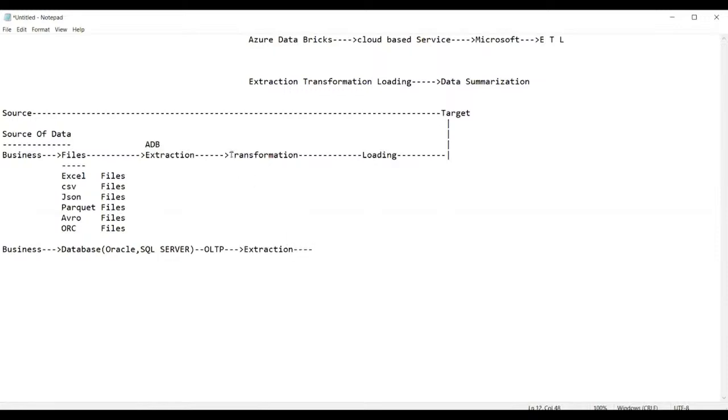And once the data is extracted, we perform the transformation on the data. Transformation is the actual process of data summarization or shaping the data as per the requirement of the client. So now loading will be done, and once the loading is done, it will be into the destination.